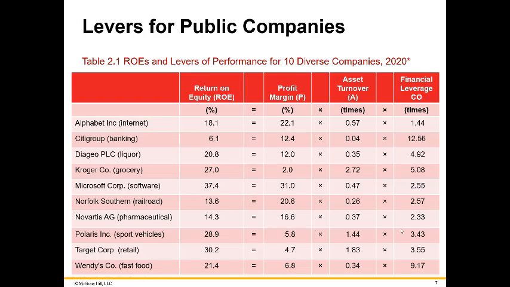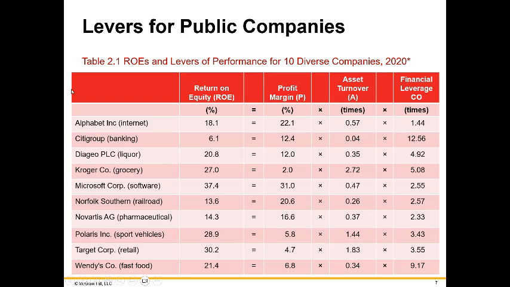Now let's look at some actual ROEs and then their breakdowns into the 3 components: profit margin, asset turnover, and leverage or assets to equity. And we can see how different companies operate based on the 3 components we just talked about: the competitiveness, which is going to drive the profit margin, the size of the asset base, whether they're capital intensive or not, that's driving the asset turnover, and then the amount of leverage.